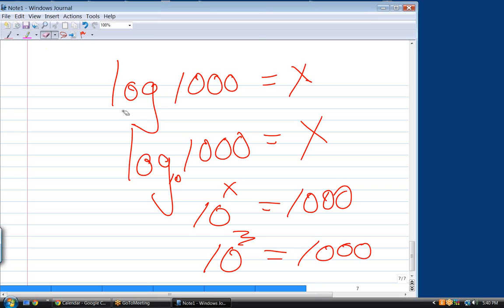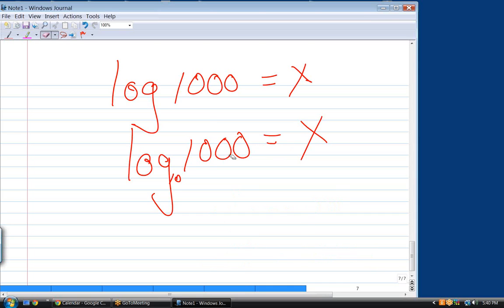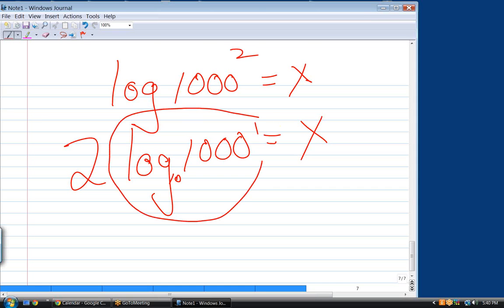So by putting it in exponential format, we're able to solve for x very easily. Well, if x equals 3 here, I still have that 2. Let's not lose that. So this number is equal to 3. 2 times 3 is 6.